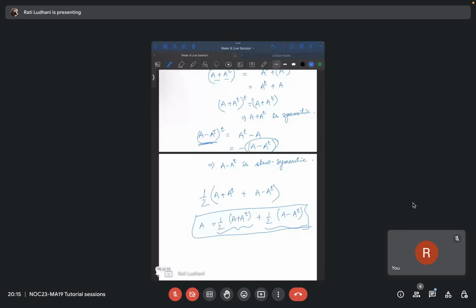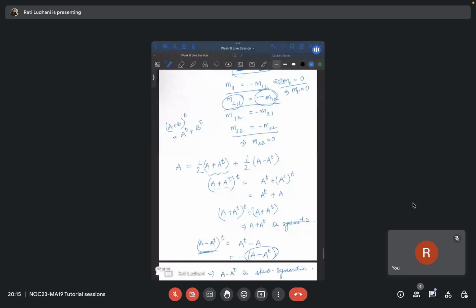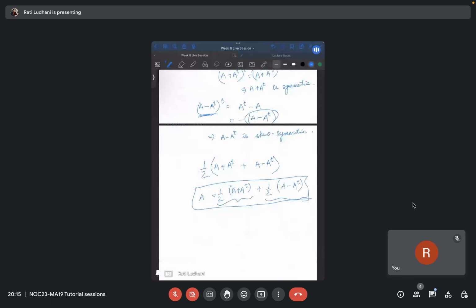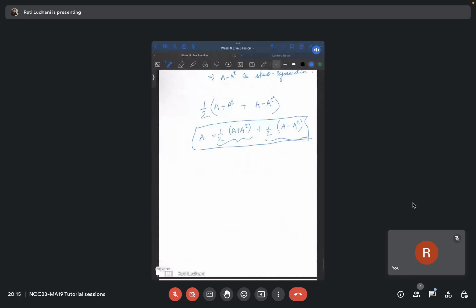There was one more question I want to discuss. Is the determinant of I plus A minus A transpose always non-zero or not for a real matrix?